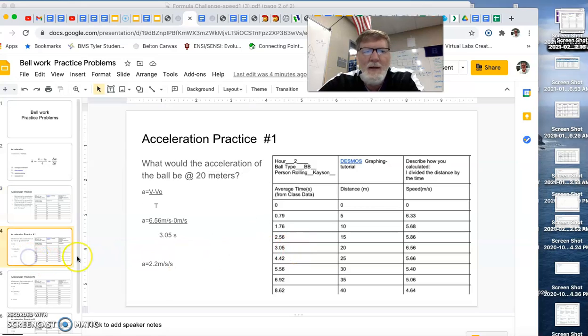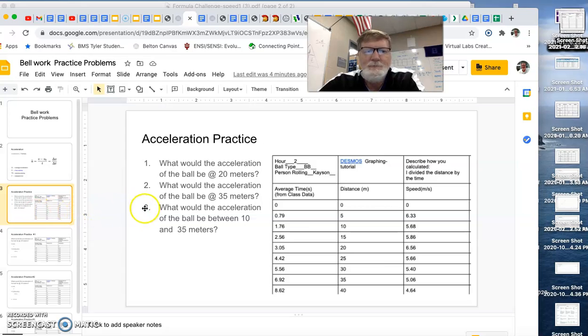Your work for number 1 might look like this: 6.56 minus 0, divided by the time it took, which is 3.05 minus 0, or 3.05. So 6.56 divided by 3.05 gives you 2.2 meters per second per second. Every second the speed is changing by 2.2 meters per second.